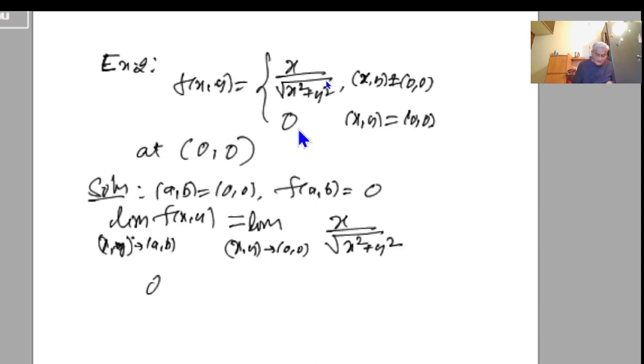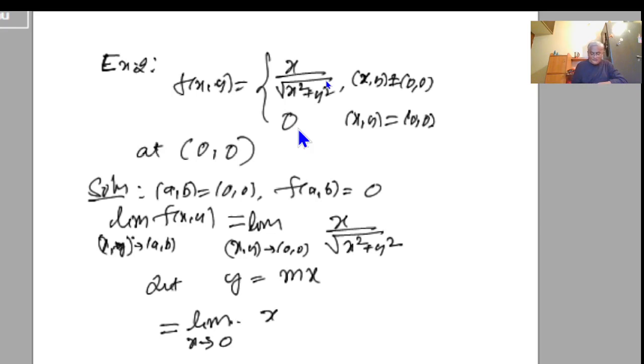Now here, let me take y equal to m x. Then this is equal to limit, as we are converting only in terms of x, we write only one variable here, x tends to 0.